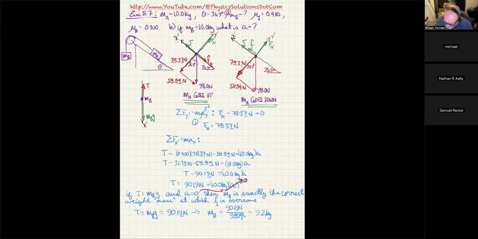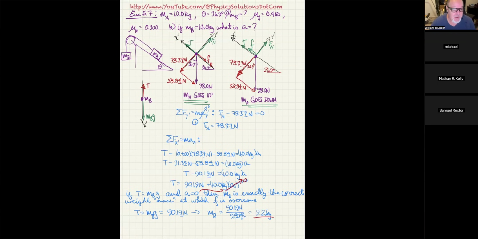So if it's 9.2 kilograms, it'll just start to go up the incline. Next, we're going to look for the case in which it is just enough to keep it from going down the incline. But we now have one of the limits, obviously at 9.2 kilograms. That's one of the results.